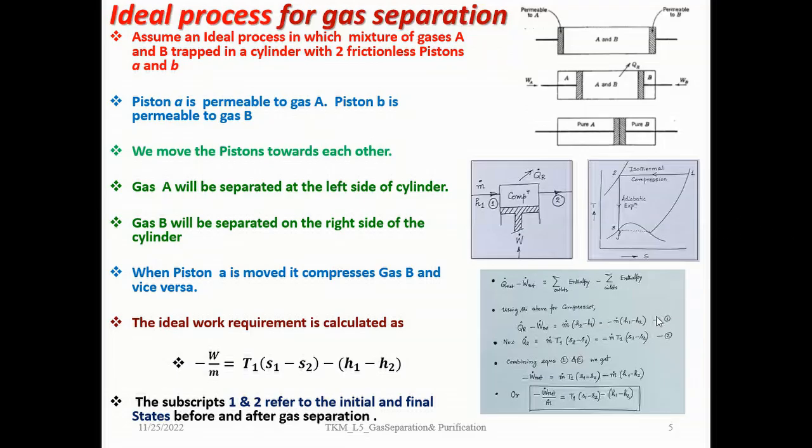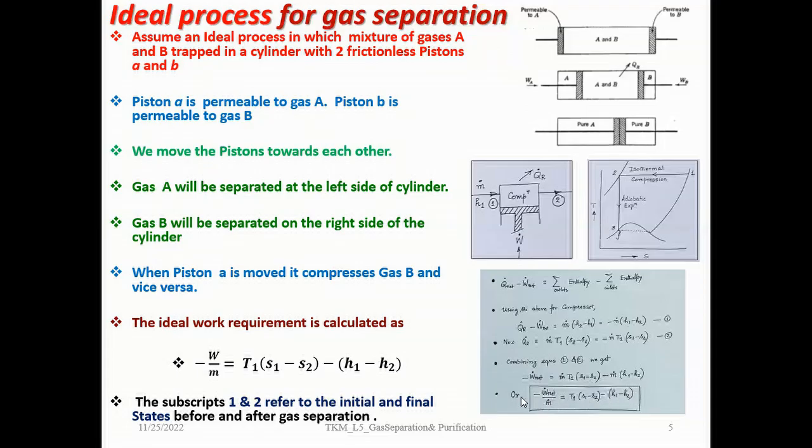So this again can be written as minus M dot T1 into S1 minus S2. Combining these two equations, you get minus W dot net is equal to M dot T1 into S1 minus S2 minus M dot into H1 minus H2.